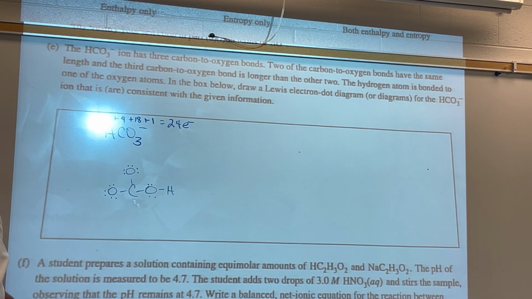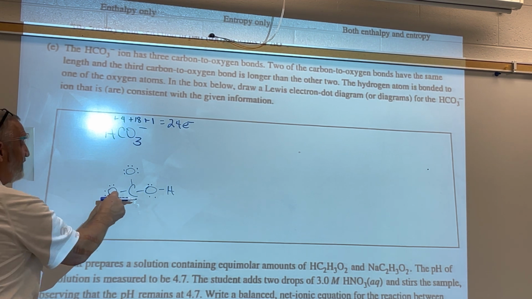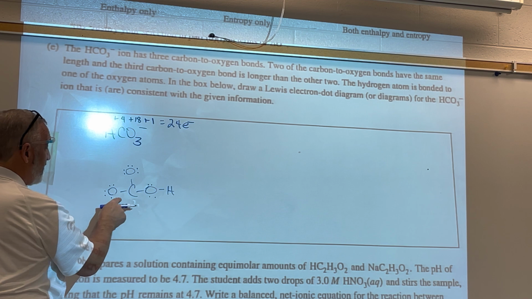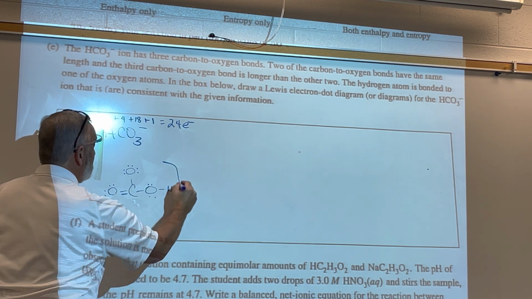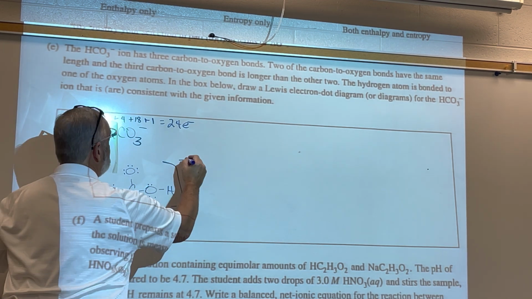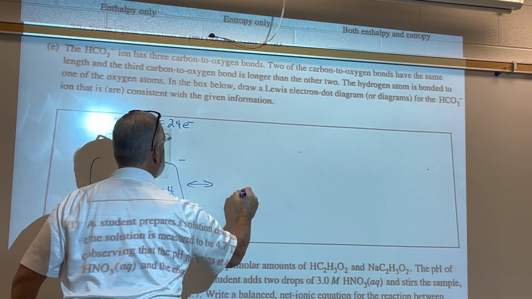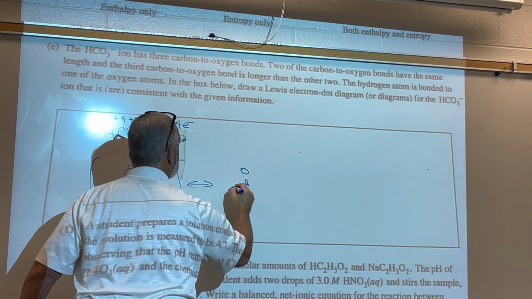What's the problem? Carbon's electron deficient, so what do we need to do? Double bond. With which oxygen? Either this one or this one, right? So I can do this, and it's a minus, or I could do this.